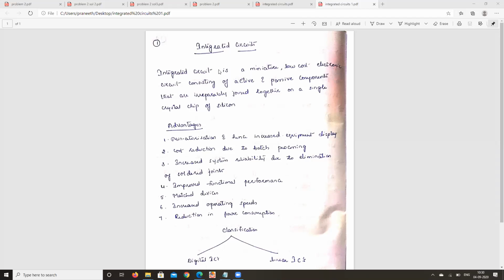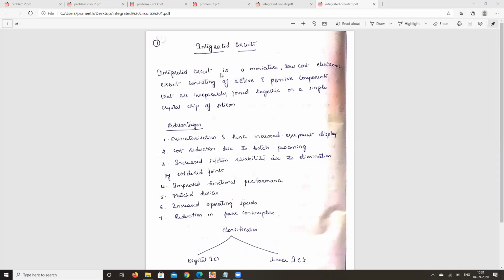This is a way of expressing what an integrated circuit is. It's a miniature and low cost electronic circuit which consists of all the active and passive elements that are irreparably joined together.